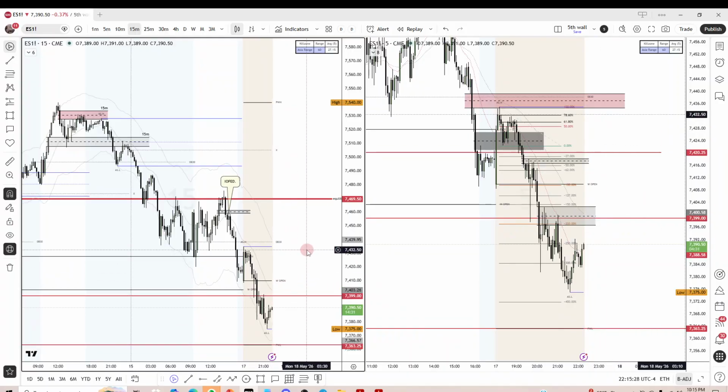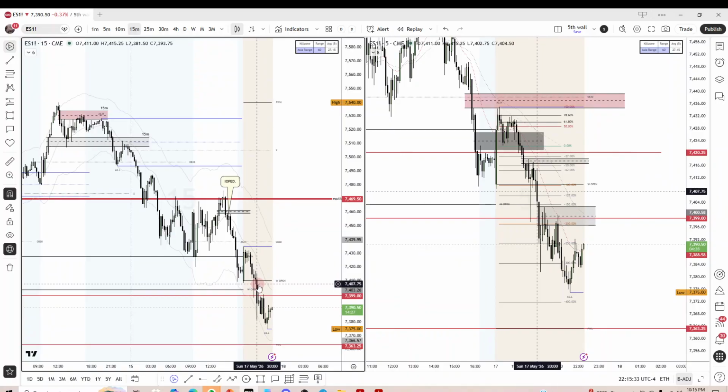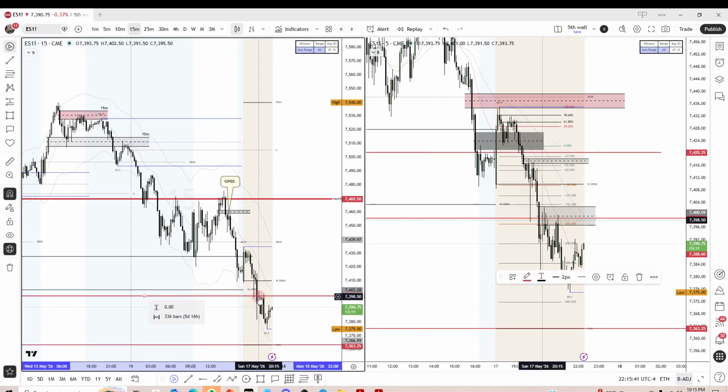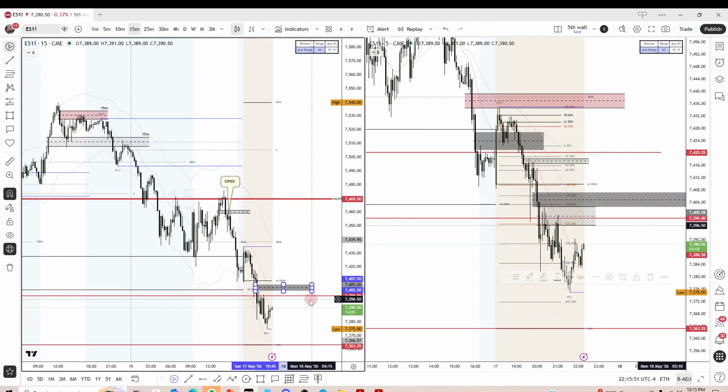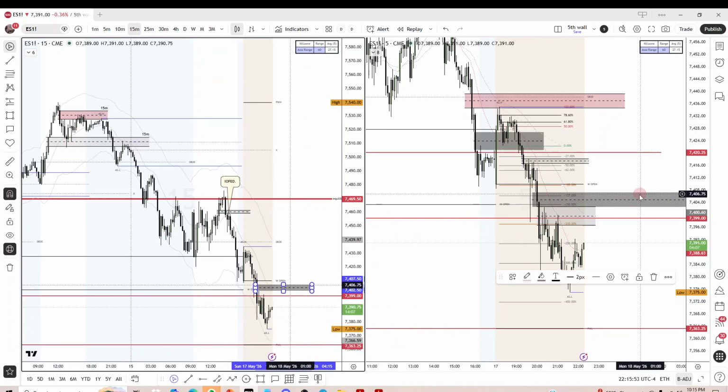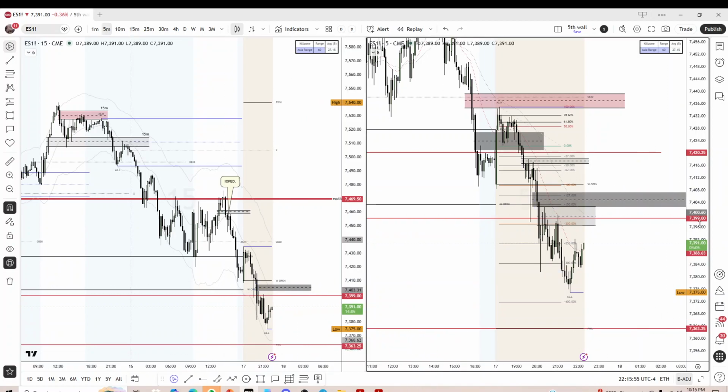So we see mean reversion to the EMA is possible, or this bearish fair value gap, and then continue to take out this previous week's low. So we want to see what happens when price trades into here, right up in there, which is pretty much the weekly open. So let's see.